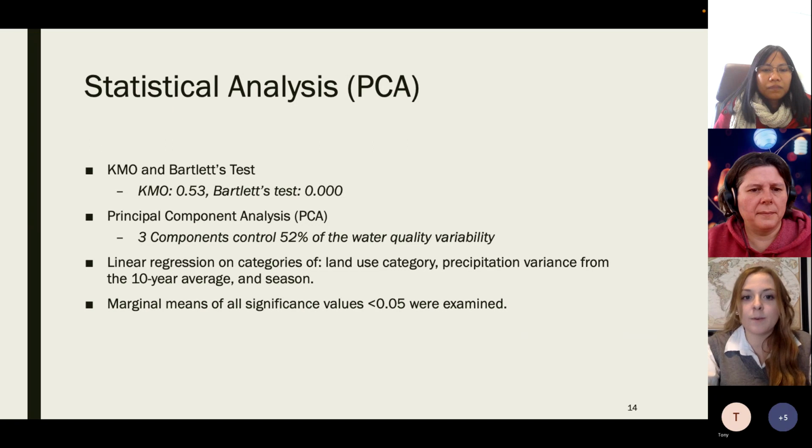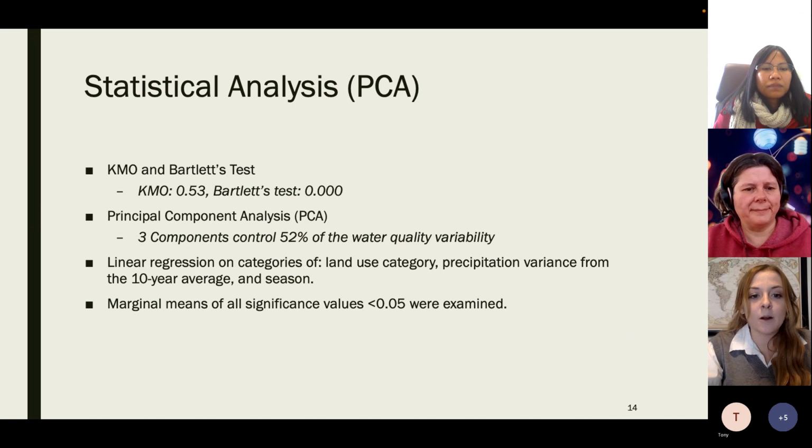Moving on to my principal component analysis, there were 3 components that controlled 52% of the water quality variability. So I did a linear regression on 3 categories: land use category, precipitation variance from the 10-year average, and season. Then I looked at the marginal means of all parameters that had significance values from the linear regression below 0.05.